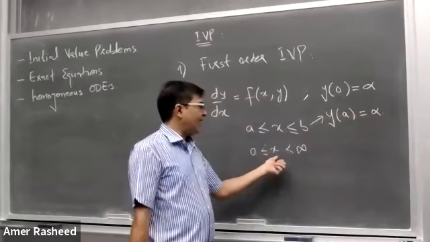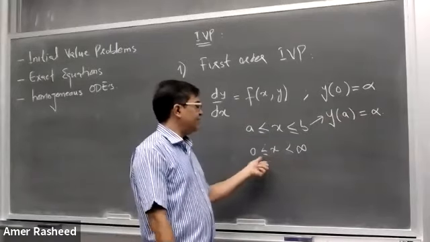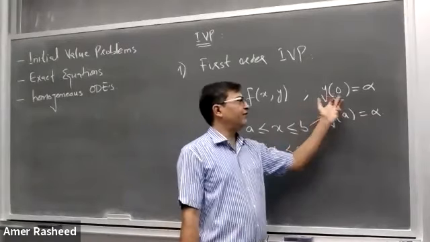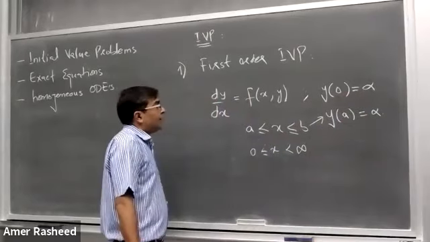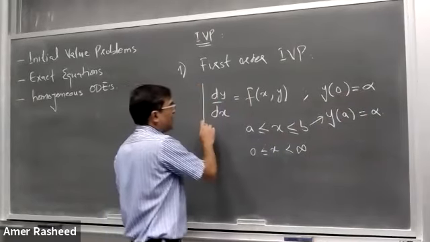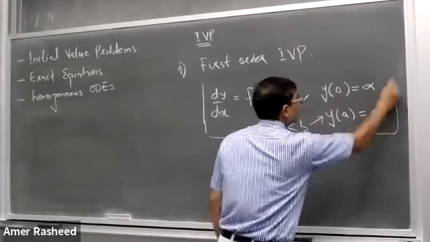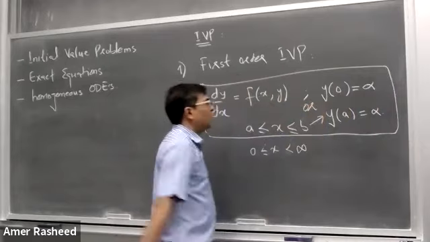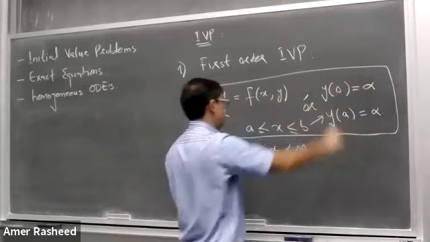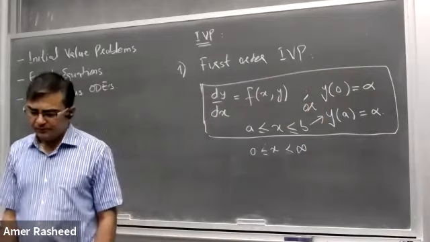And if x is between 0 and infinity, then the initial value of x is 0, so we define y at 0 is equal to alpha. So this complete problem, the ODE along with a condition, is called an initial value problem.